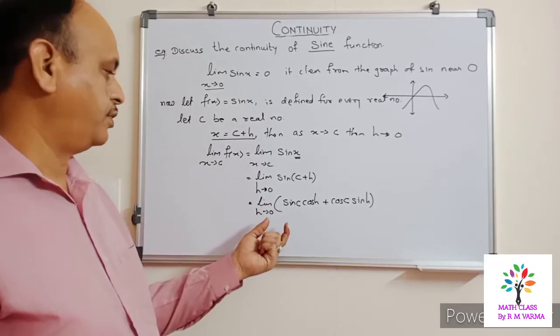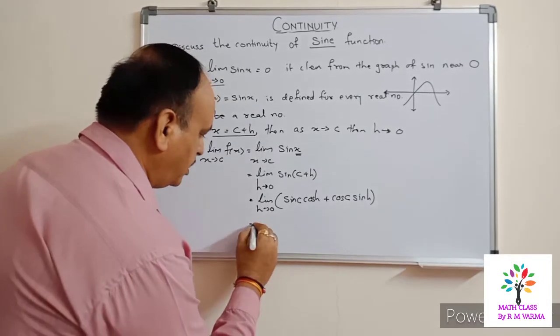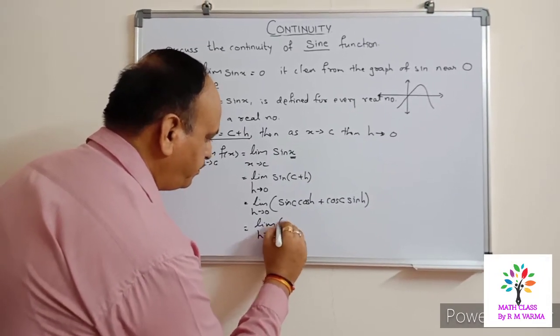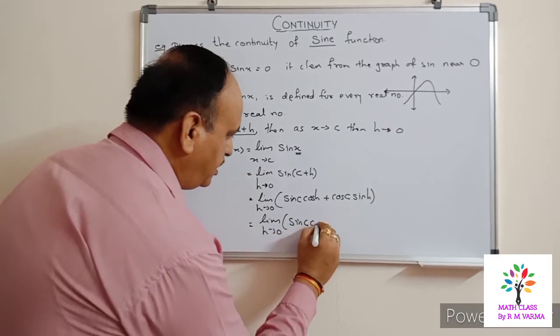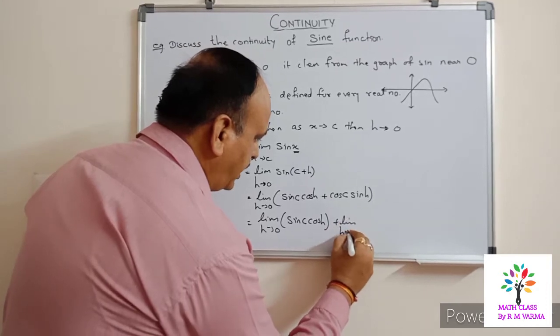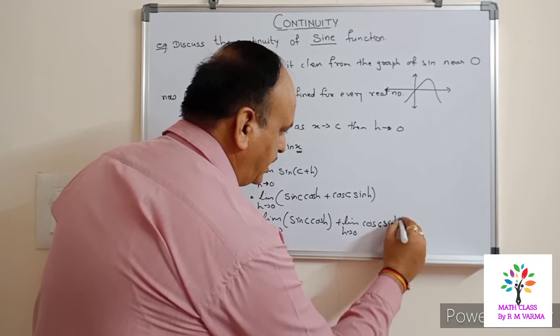Now using the addition of limits, it comes out to be limit h tends to 0, sin c cos h plus limit h tends to 0, cos c sin h.